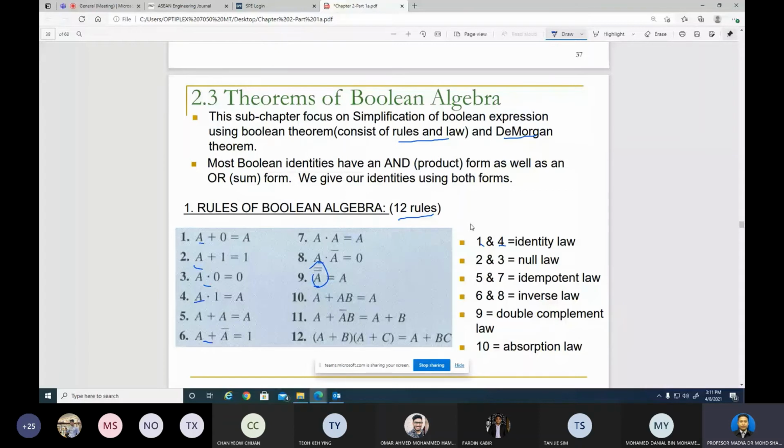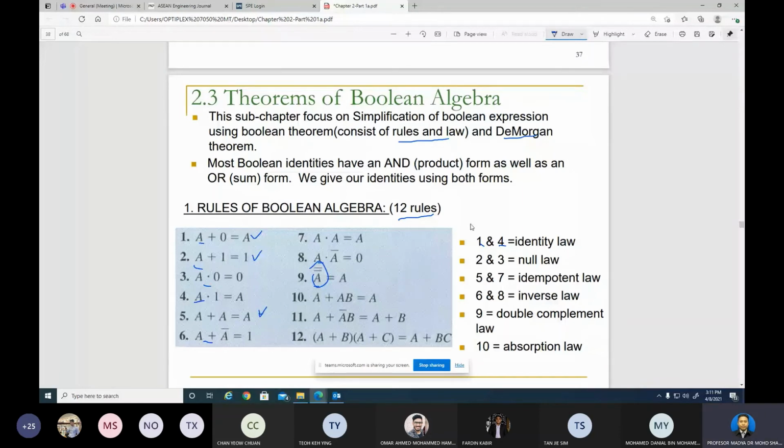All the rules are also proven, showing how to get this value. For example, how to get the A here, how to get the 1 here, or A plus A, why A plus A equals A. After this I will show the proving.